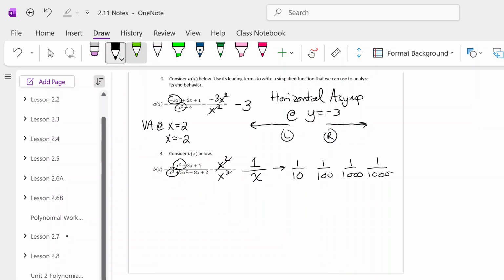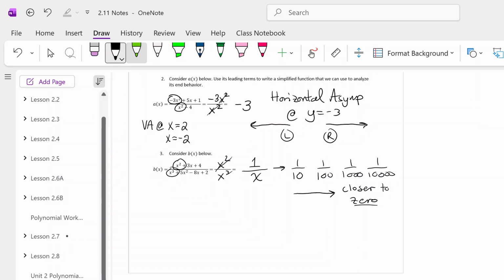As you plug in values for x, the value starts at 1/10th, then goes to 1/100th, then 1/1000th, then 1/10,000th. We should see that we are getting closer and closer to 0, because once we get to something like 1/1,000,000th, it's essentially 0.